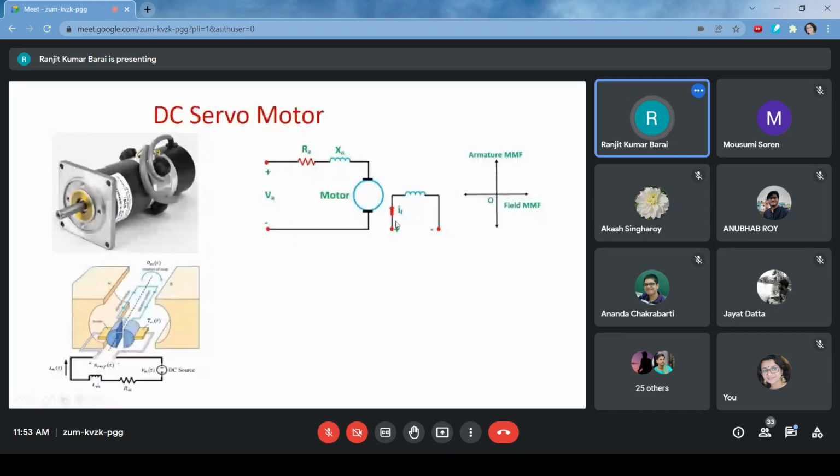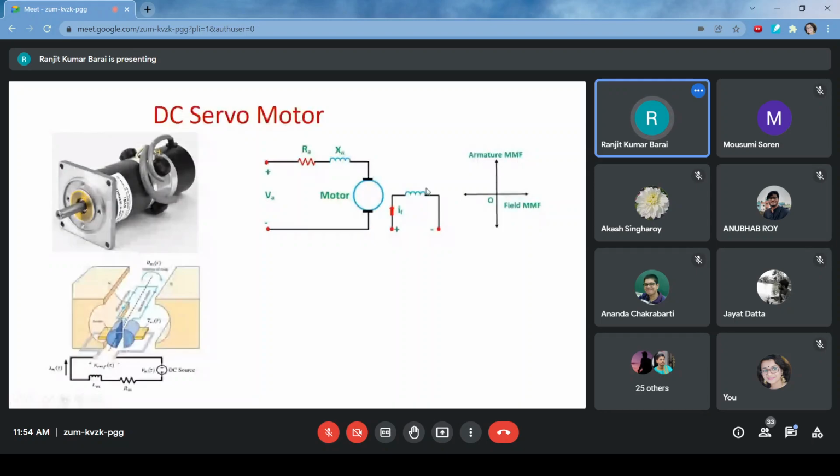Otherwise, you can make a coil for the field, and that current will be fixed if I do not use field control. But if we have this kind of design, that means separately excited, then we can control both field as well as armature speed. But field control is a very rare phenomenon, so it is normally not carried out.